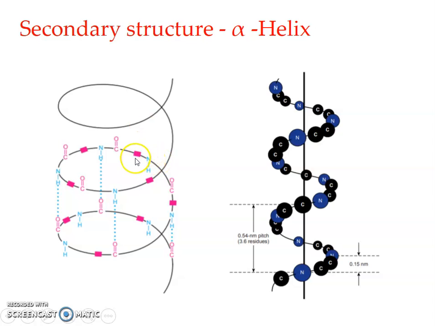The R group and the hydrogen extend outward, and the axis is formed of N, alpha carbon, C, N, alpha carbon, C, and so it goes. Adjacent amino acids are placed 0.15 nanometer apart, each turn of the helix contains 3.6 residues, and adjacent turns are placed 0.54 nanometer apart.